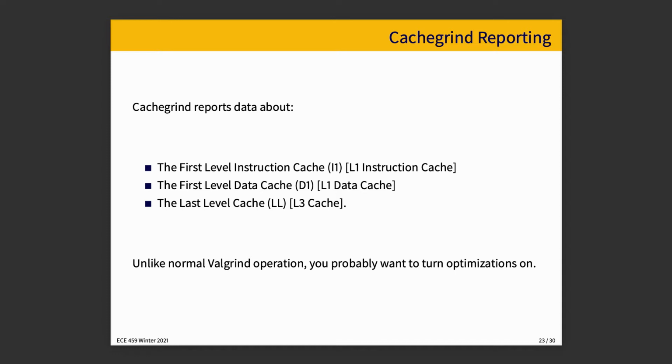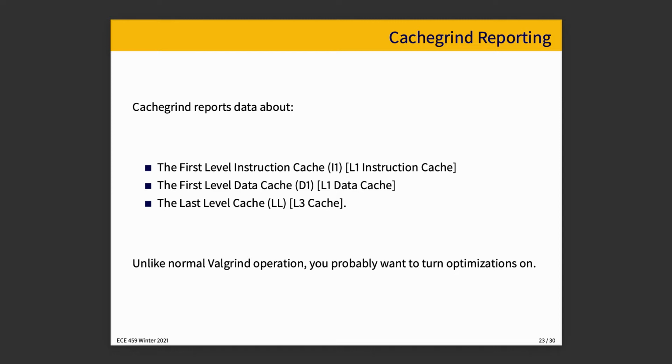Cachegrind reports data about the first-level instruction cache, referred to as I1 in the output, the first-level data cache, D1, and the last-level cache, denoted LL, which for most of the processors we're going to talk about is level 3.